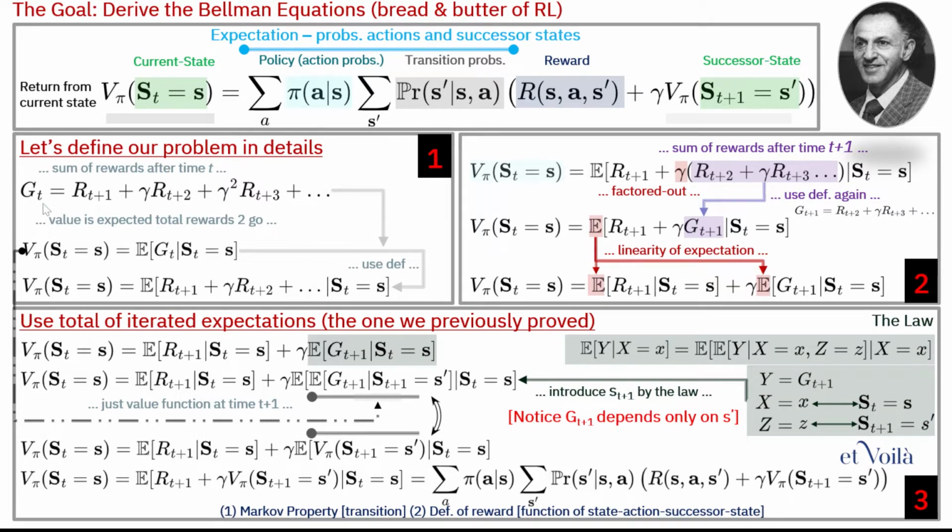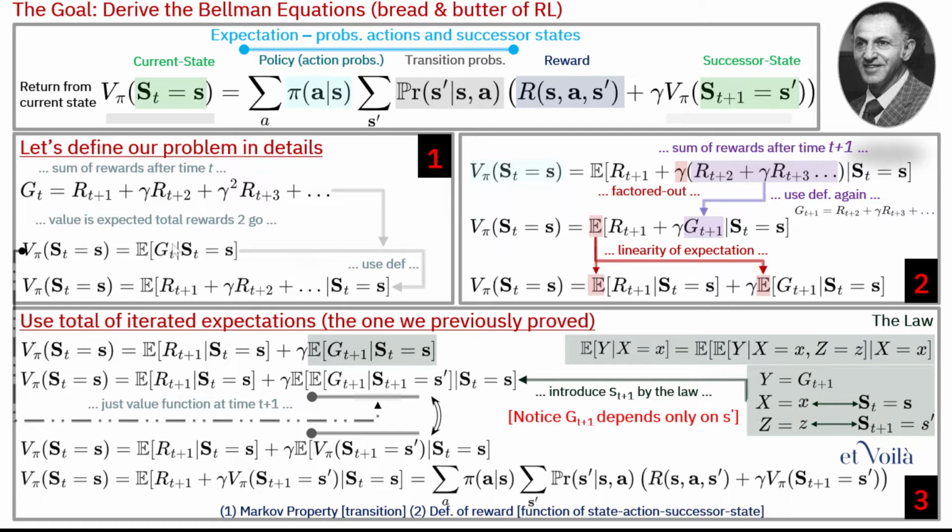Now, given this G_t, the value of the state is simply the expectation of this random variable, conditioned on the fact that we started at some state S_t. Given that we started at this state S_t and we followed the policy pi, the value of the state S_t equals s is nothing but the expectation of that random variable.